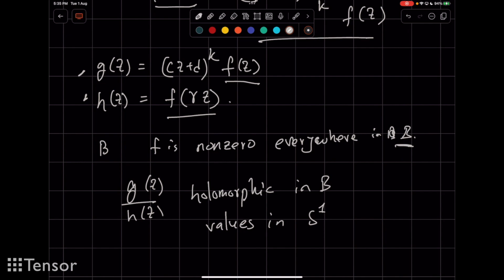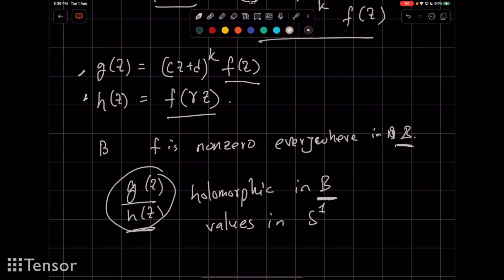If we invoke the open mapping theorem, since B is an open ball, the image of this holomorphic function has to be an open ball, given that this function is non-constant. The open mapping theorem says that the image of open sets are also open.